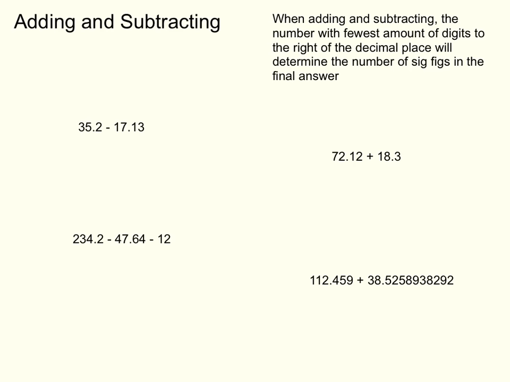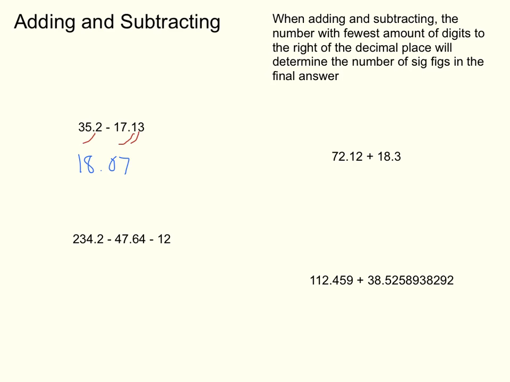With multiplying and dividing, the rule's a little different, but with adding and subtracting, we look only to the digits that are to the right of the decimal place. So in this first example, there's only 1 digit to the right there, and there are 2 digits to the right here. So when we actually subtract that out, our answer is 18.07.